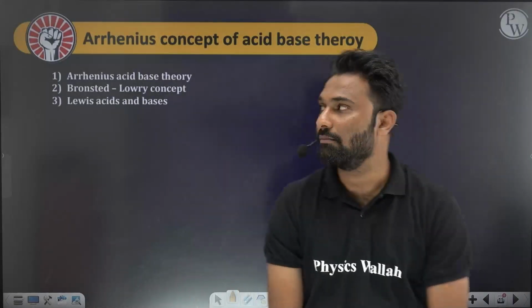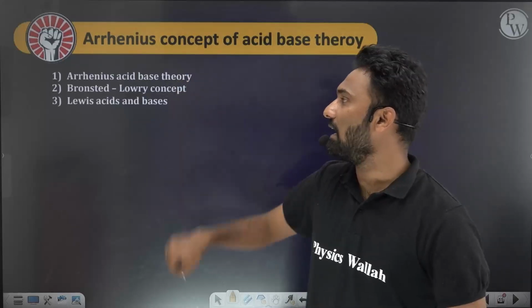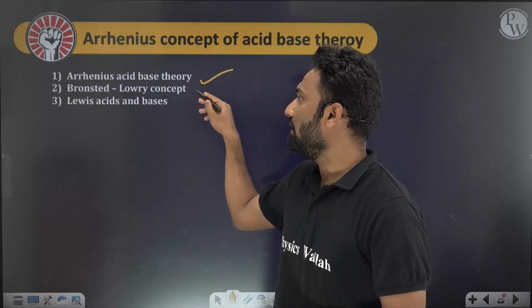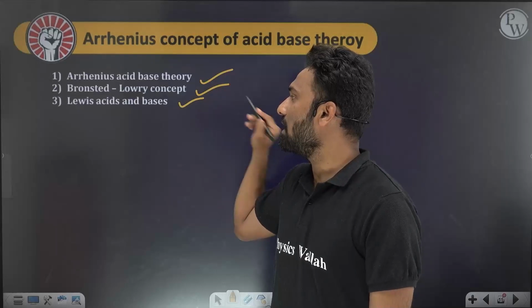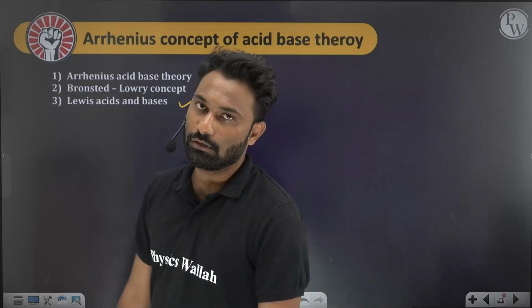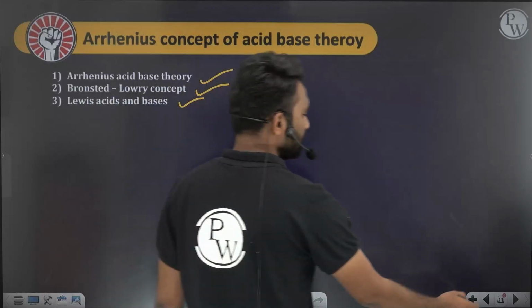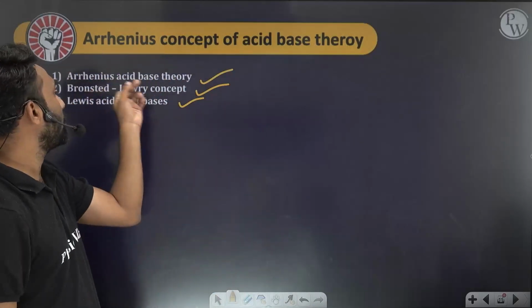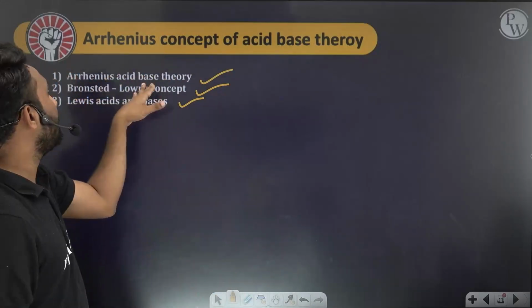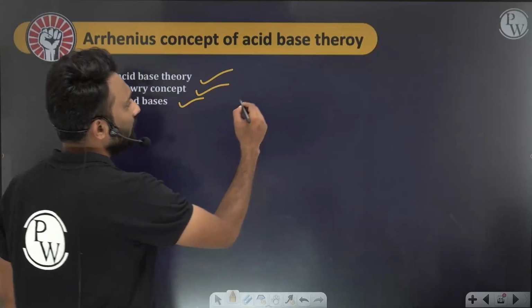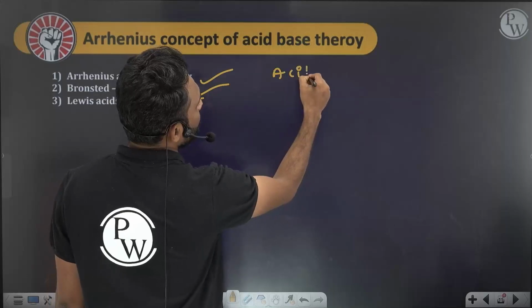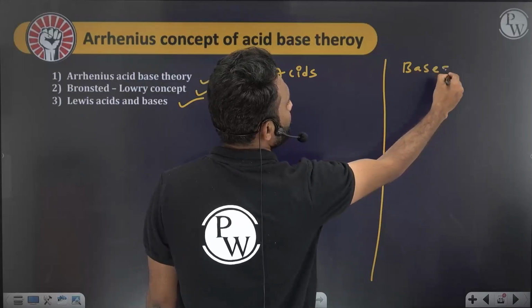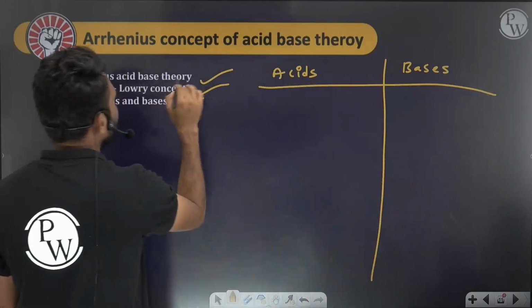In it we have three concepts of acid base theory: one is Arrhenius acid base theory, next is the Bronsted-Lowry concept, and next is the Lewis acids and bases. First, Arrhenius acid base theory, and in it first I am taking the Arrhenius acids and bases.